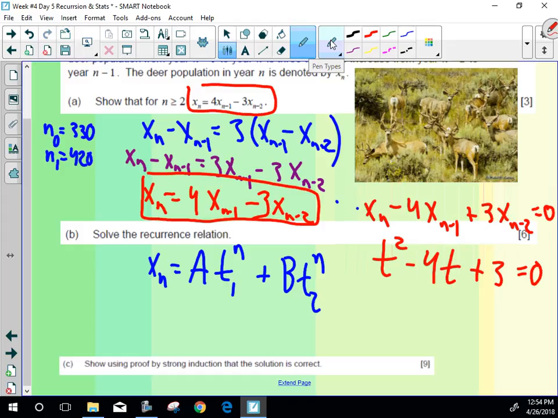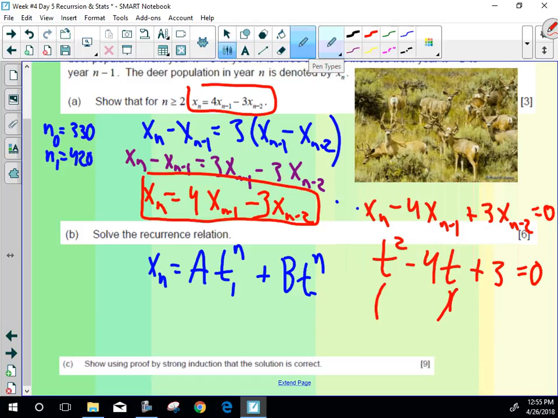Yeah, there was a way that we did it. Like we're substituting maybe. t squared was X sub n. Somehow the t's worked in there. I can't remember right offhand.